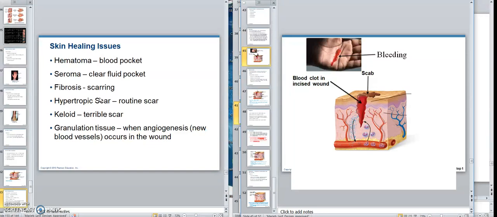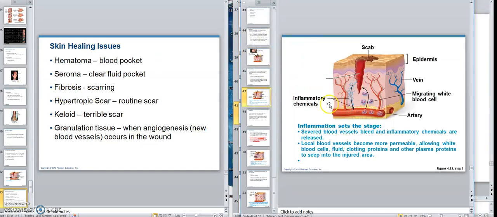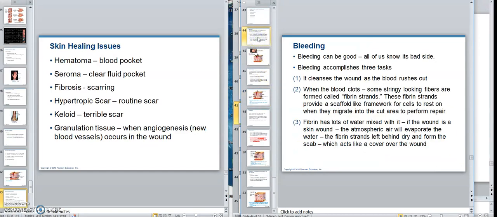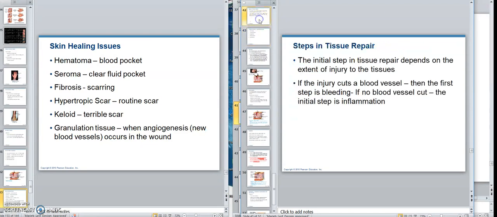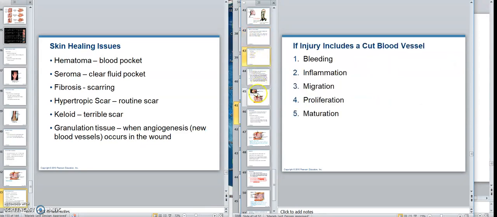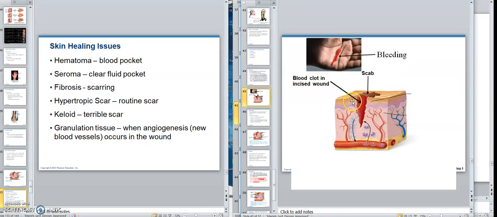So we have superficial, and then we have the deep. The deep means you cut into the dermis. If you just have the superficial, you can't scar because you're not revealing any of the connective tissue.